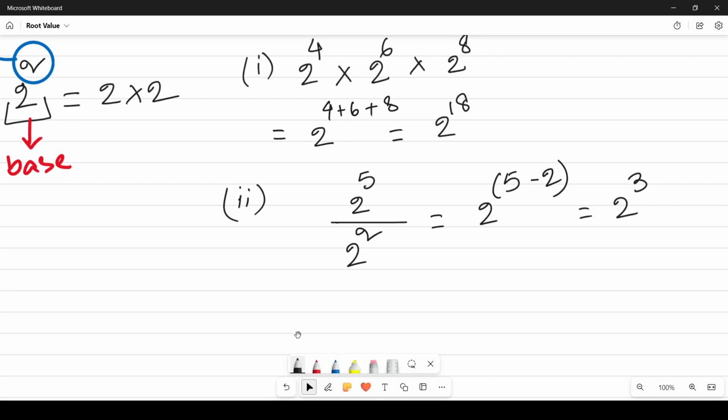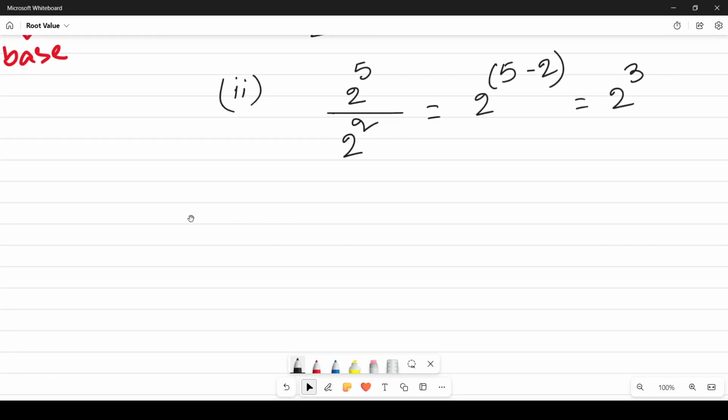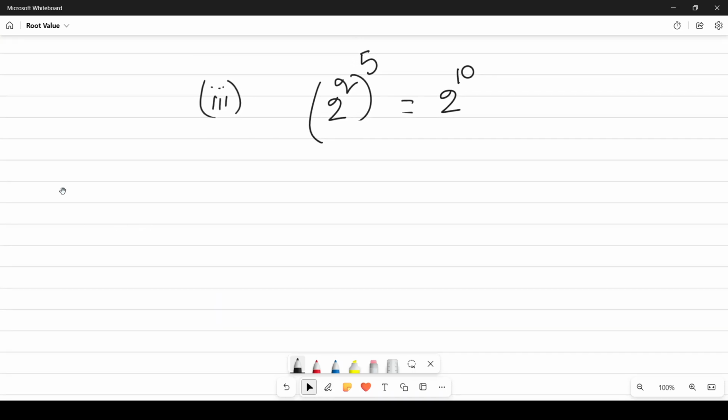Now, what is the third law of indices? The third law is, if you have a base and a power, and you raise this power to another power like this, then all you need to do is multiply these two powers. So the actual power gets to be 10, 5 multiplied by 2.